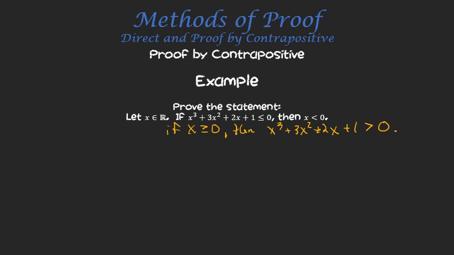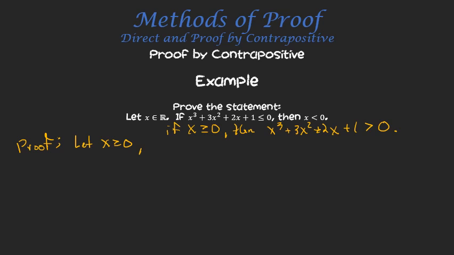So that's our goal. Assume x is greater than or equal to 0, show that this polynomial is strictly greater than 0. All right, we're ready to prove it. So I'll start with my assumption for the contrapositive. Let x be greater than or equal to 0.